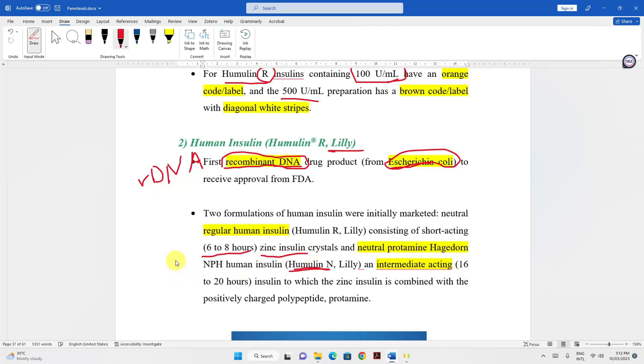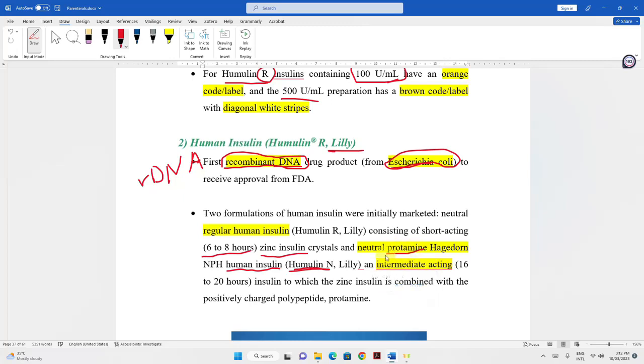Okay, now in addition to that we have Humulin N. Humulin N consists of human insulin. It's the same insulin that is produced by a human, but we are adding protamine to it.